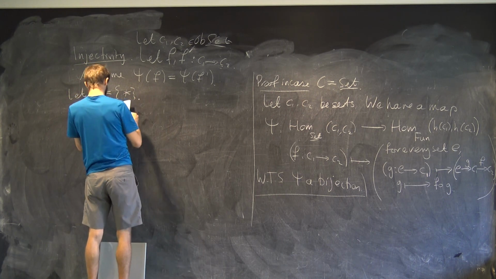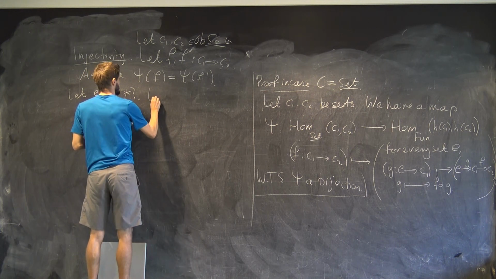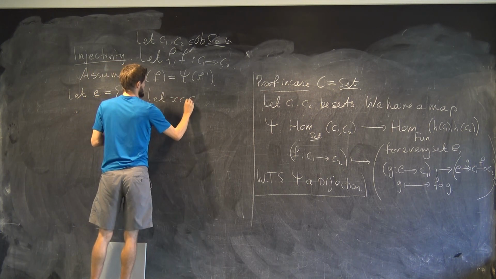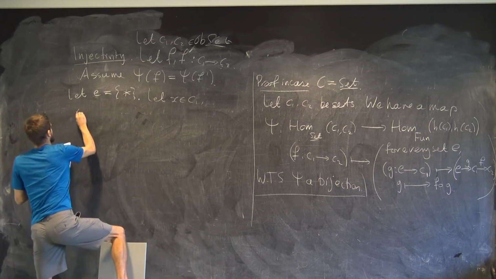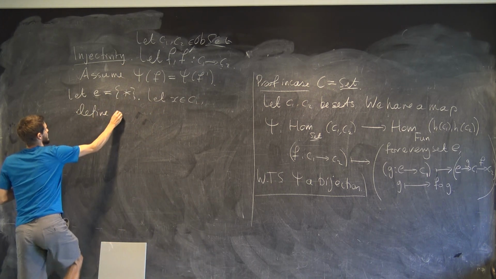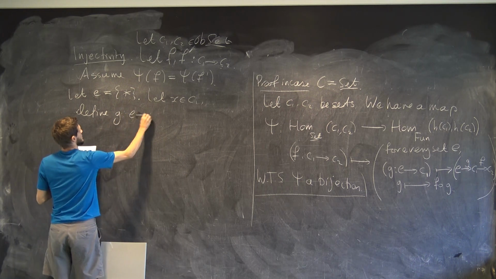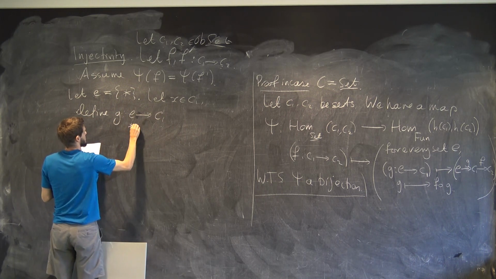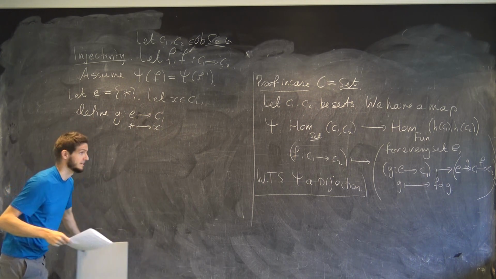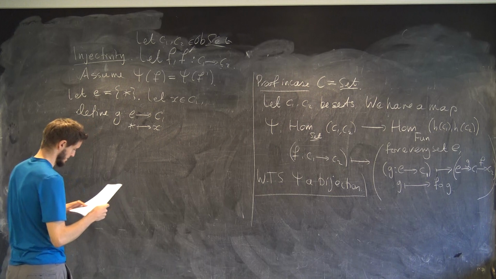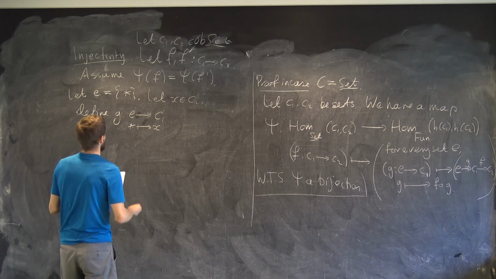Let X be any element of C1, C1 is just a set, remember, and define G from E to C1 by sending star to X. Of course, there's no other element of E to send anywhere, so that's enough to define what's going on.